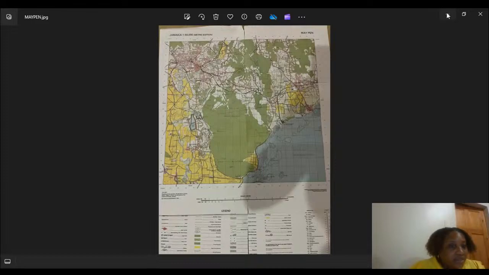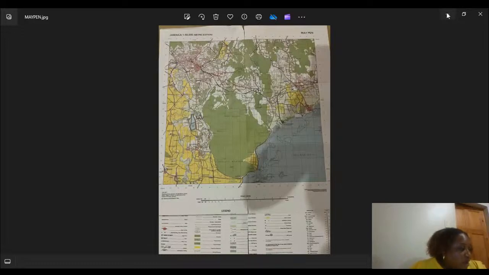So if you look at the yellow areas, you will see that there is a river flowing through that area, the main river, the Rio Minho River. So one of the things that you can note is that the sugarcane plantation is distributed around the Rio Minho River, the main river.